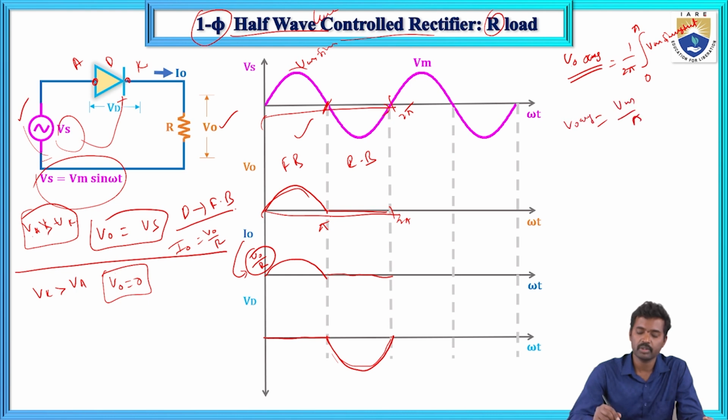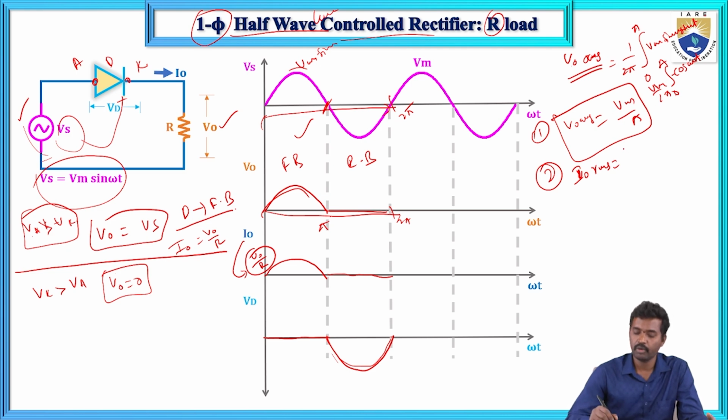V0 average equals Vm by pi, that is the first question. And the second question is I0 average. If you simplify this one, 1 by 2 pi integral of 0 to pi, this is Vm. Sin omega t integrates to minus cos omega t. Now cos pi minus cos 0 is minus 1 minus 1, that is 2. So the 2 gets cancelled, Vm by pi only.